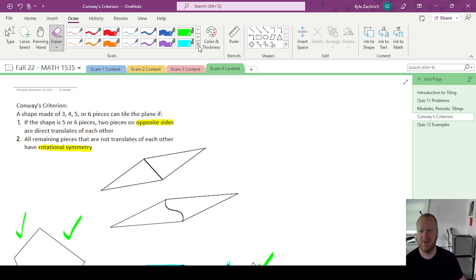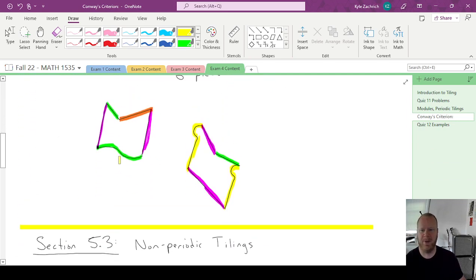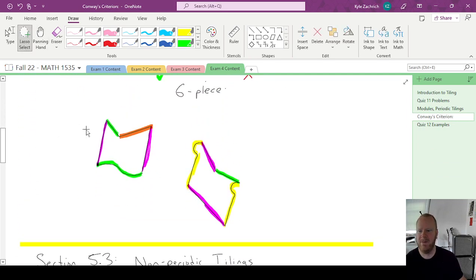The next topic that I want to cover is this idea that they are translates of each other. So we see that a couple spots in this Conway's Criterion. But when I made this shape, I took this purple piece here and I just copied and pasted that purple piece and put it over on this side of it.